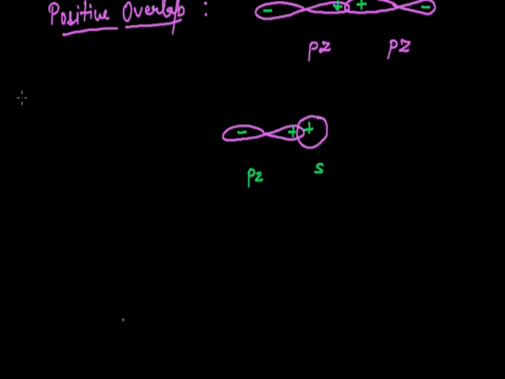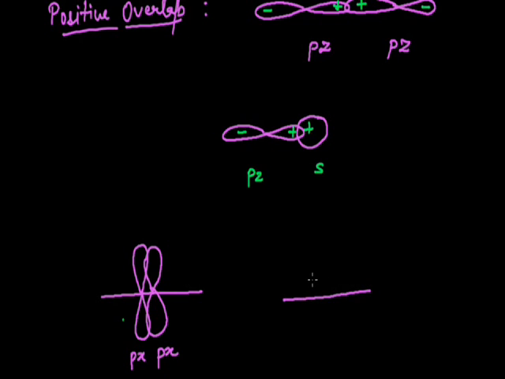Next we can see the positive overlapping for the px orbitals. These are px orbitals. Then signs are the same in this case as well.